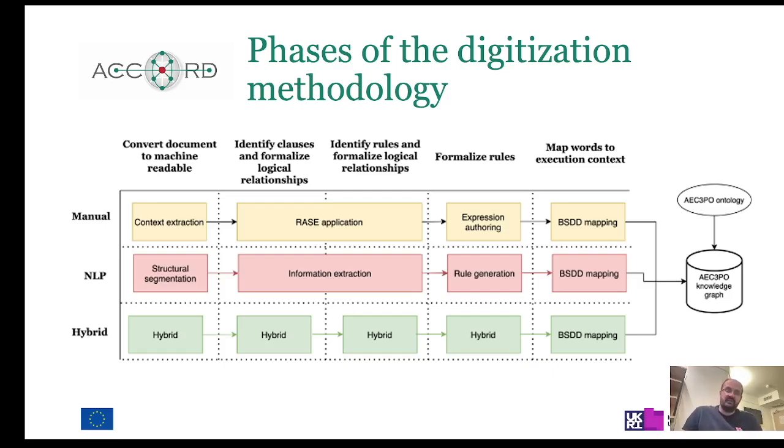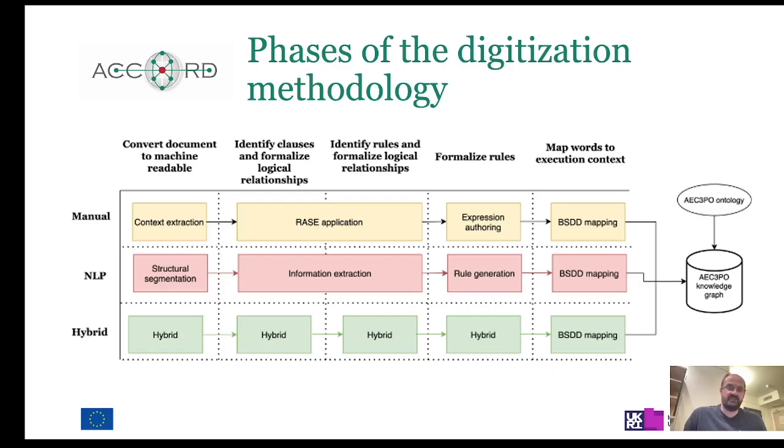Then, once you've identified clauses that contain rules, you have to identify the rules within those clauses and formalise the logical relationships between the rules. Finally, you need to formalise the rules themselves, and then you need to map the terms used in the rules to the execution context. What I mean by this is very commonly the terminology used in regulatory documents does not match the terminology that's used in building models.